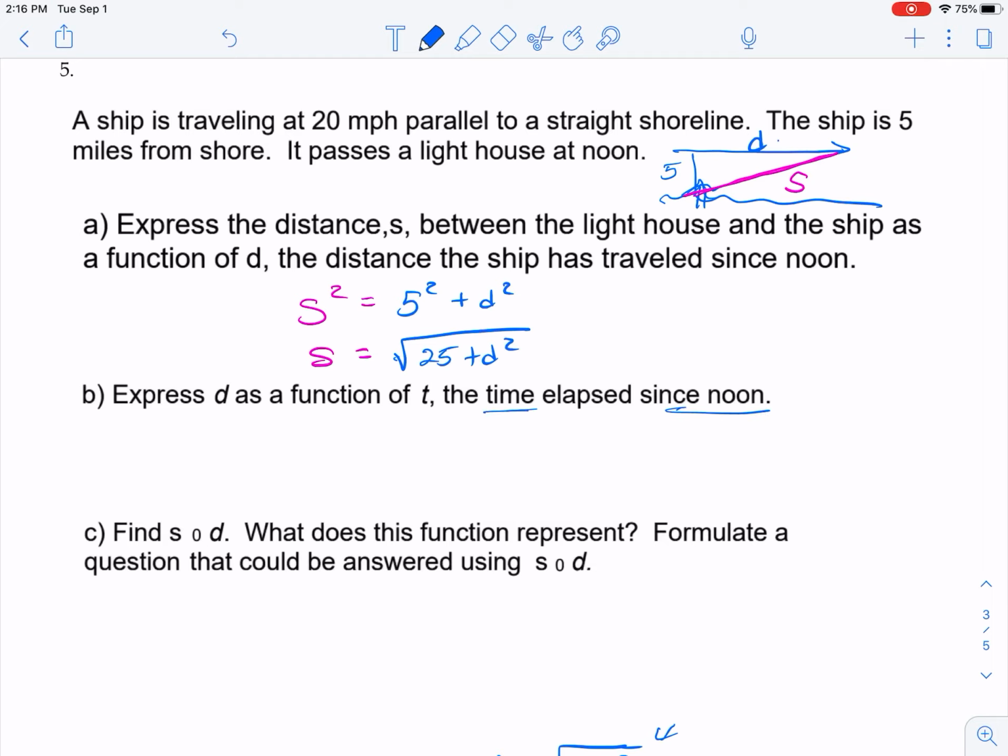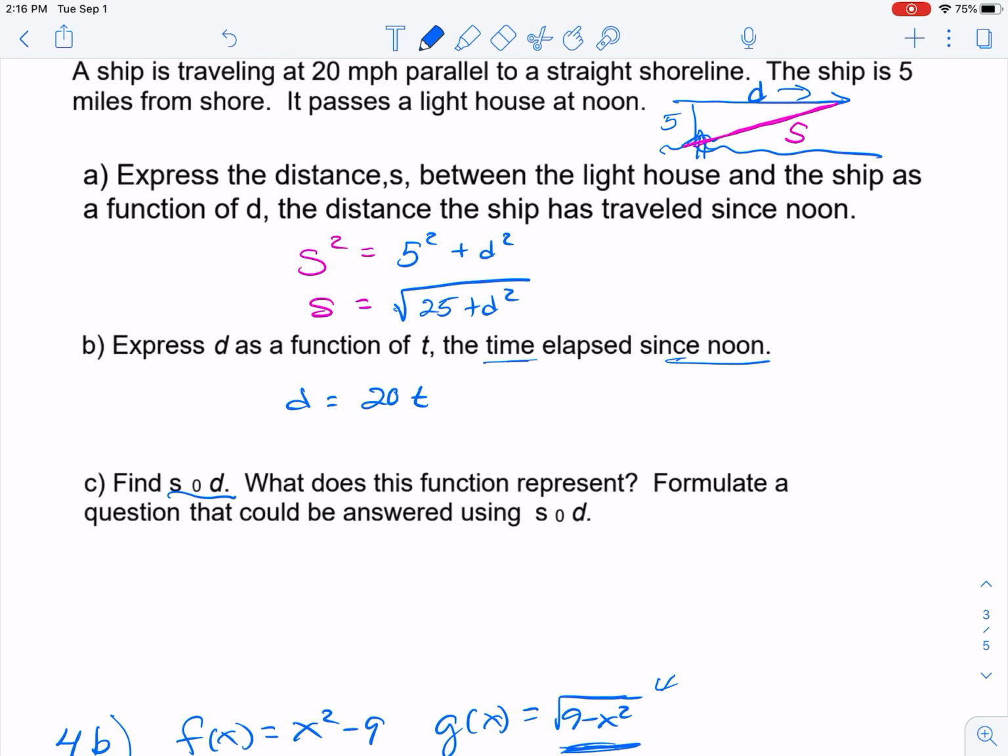So we know he's going this way at 20 miles an hour, so distance is equal to 20 times t, assuming t is in hours. Now they want us to do s of d, so they're going to want us to put this inside of that function. So I'm going to replace d with 20t and end up with s is equal to the square root of 25 plus 20t squared. Okay, so it's giving us the distance with respect to time.